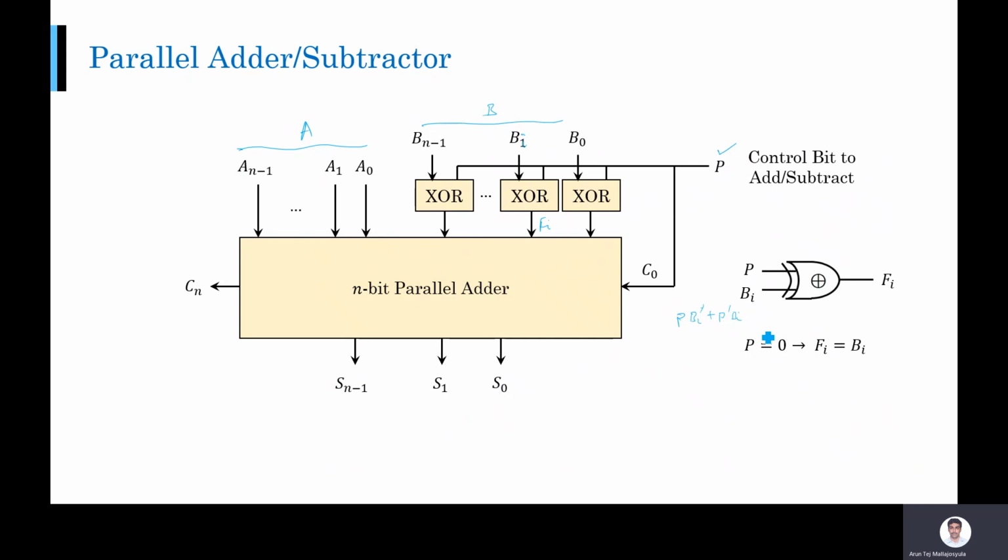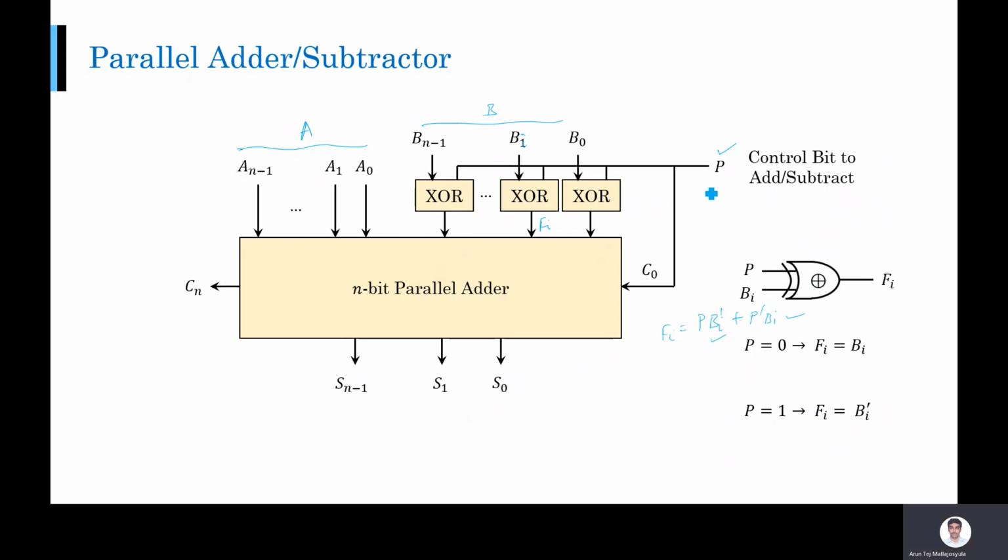Only when one input is 0 and the other input is 1 will the XOR gate give 1. So if P is 0, Fi is equal to Bi. If P is equal to 1, you will get Bi dash.